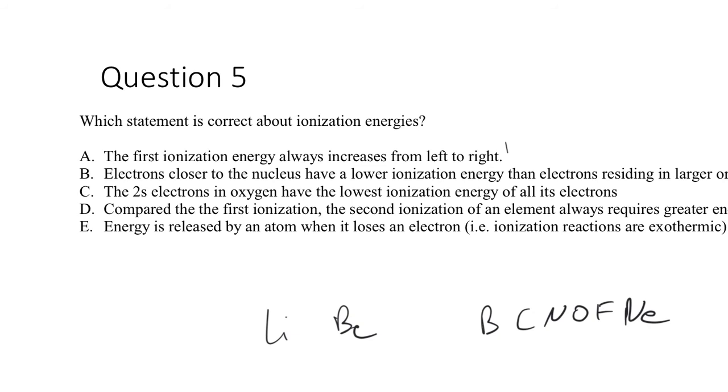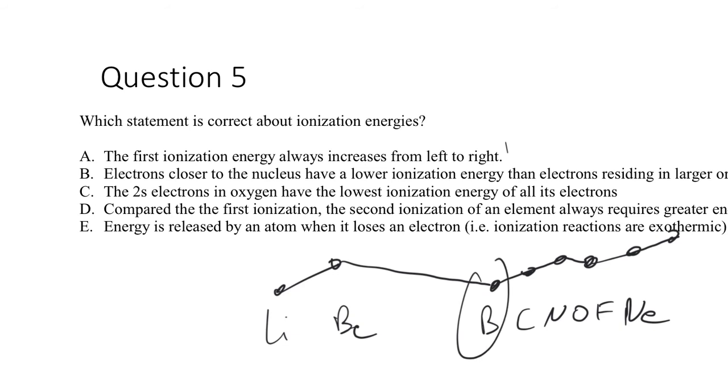If you're looking at this trend here, your ionization energy goes up to beryllium, it actually drops to boron, then it goes up to the next three elements, and then the ionization energy drops a little bit, and then increases to nitrogen, drops a little bit for O, and then increases towards neon. So you get this kind of behavior here of your I1s not increasing every step of the way. There's a little bit of a pattern to it.